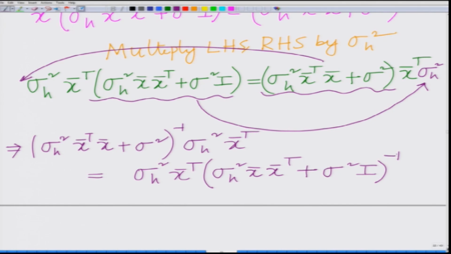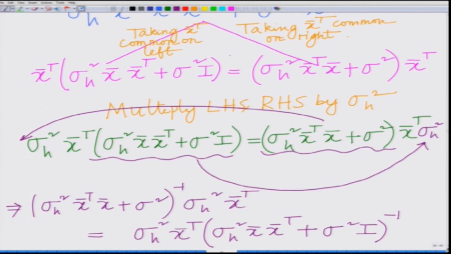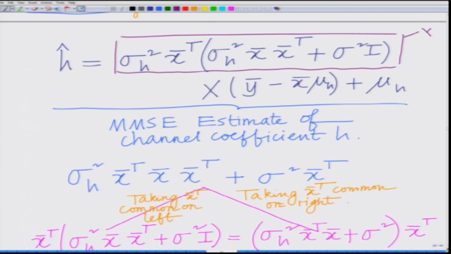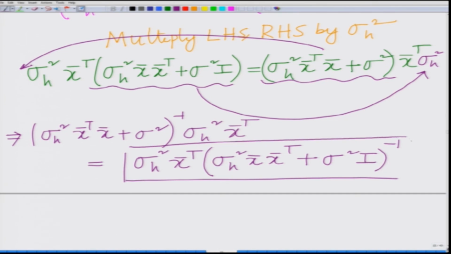Okay. And now, what we see is this quantity over here, if you call this quantity star, you can see this quantity here is basically the same as star, that is sigma h square x bar transpose into (sigma h square x bar x bar transpose plus sigma square identity) inverse, both these quantities are the same.